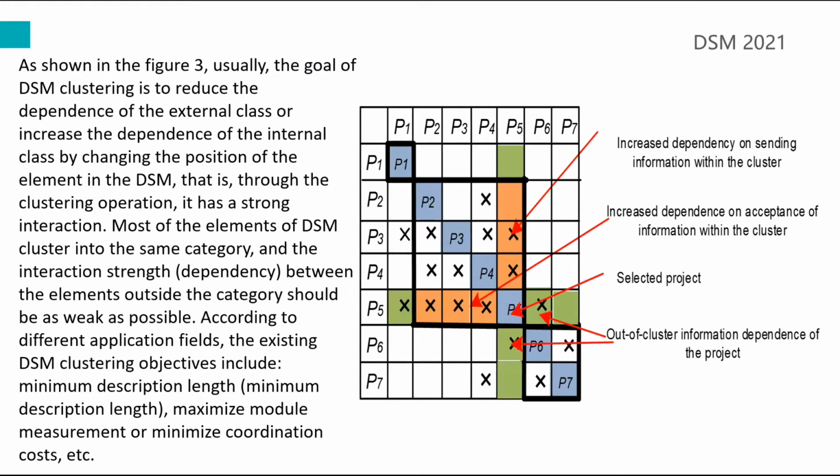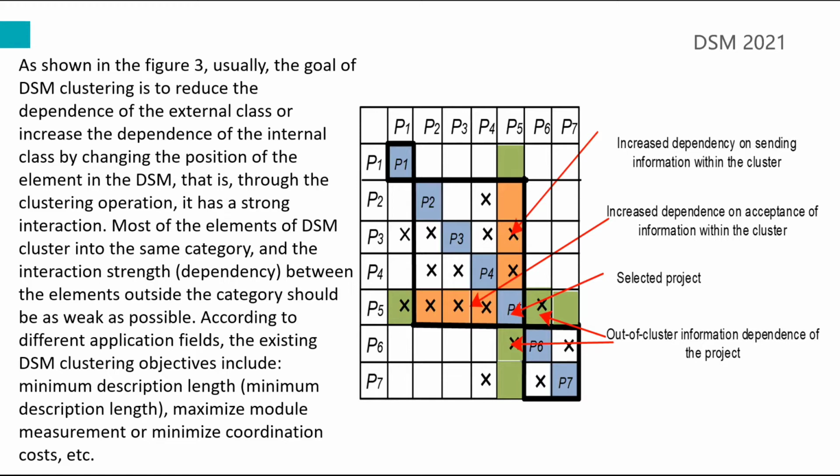As shown in Figure 3, usually the goal of DSM clustering is to reduce the dependence of the external class or increase the dependence of the internal class by changing the position of the elements in the DSM.